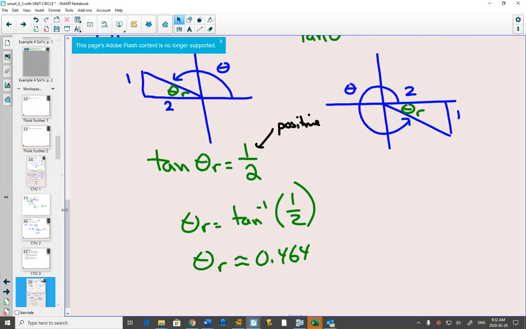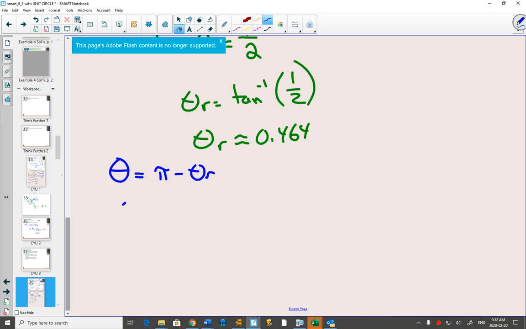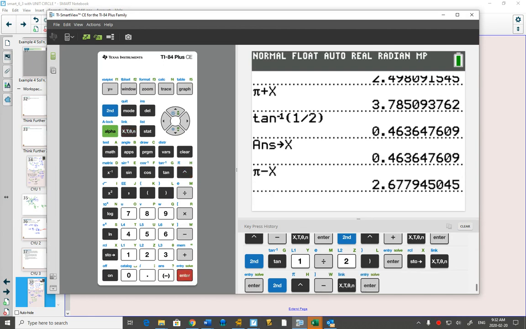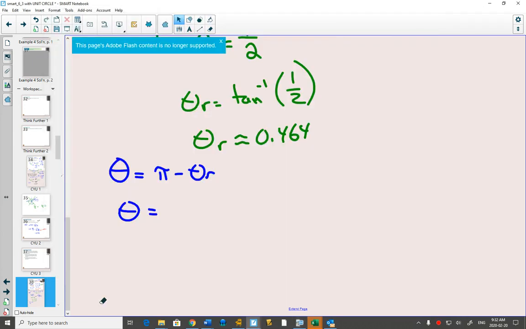So then, to find my positive angles in quadrant 2, can you see that I would do pi minus my reference angle? That would give me 2.7 radians. I'm going to put quadrant 2 above that one.